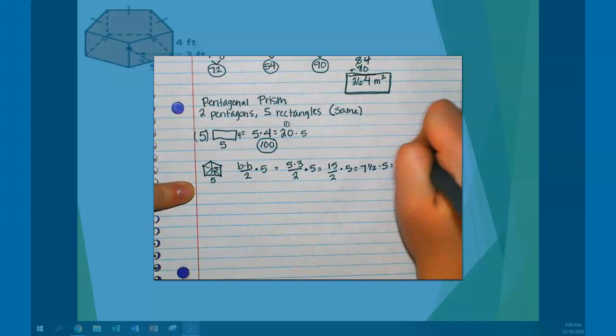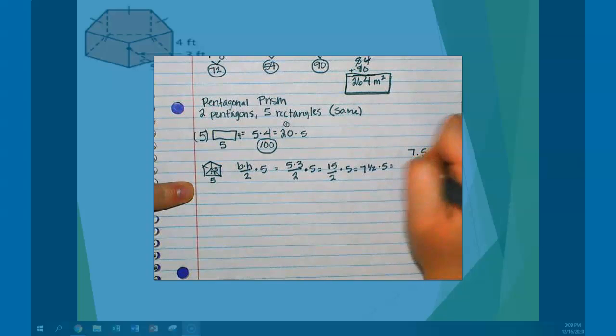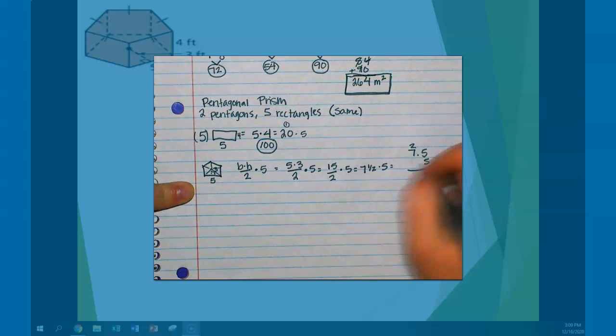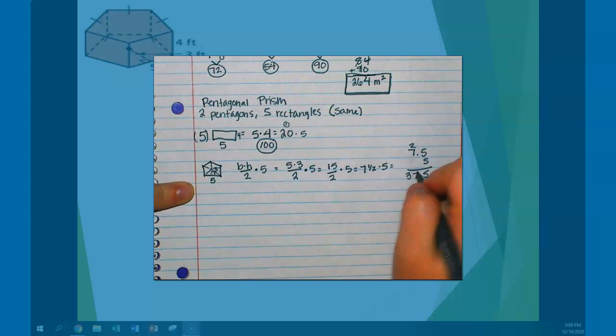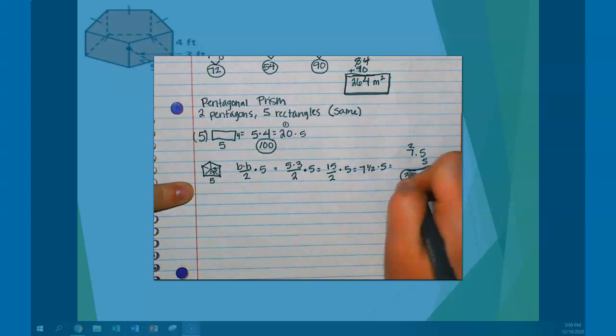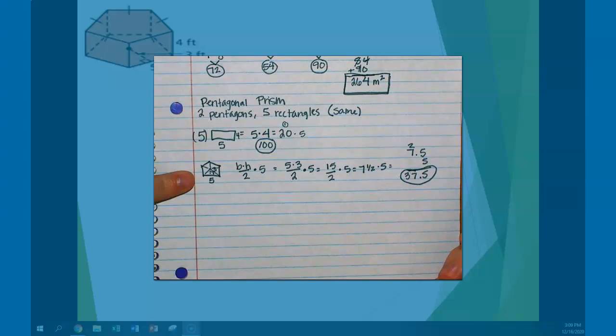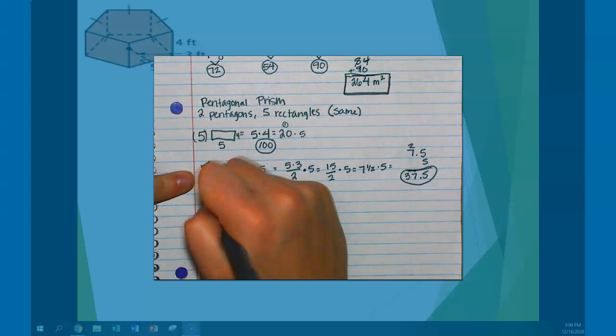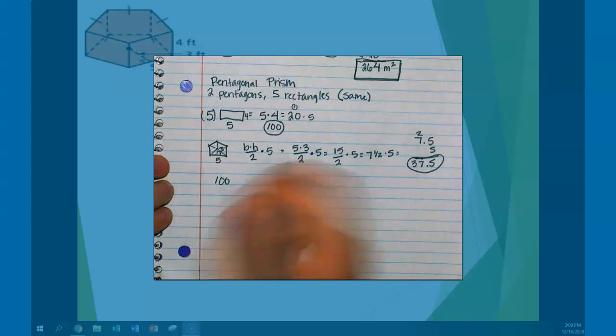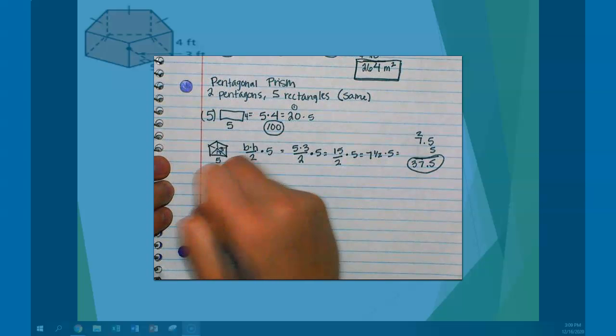Let's solve 7.5 times 5. 5 times 5 is 25. 7 times 5 is 35, plus 2 is 37. Scoot my decimal once, so 37.5 for my pentagon.